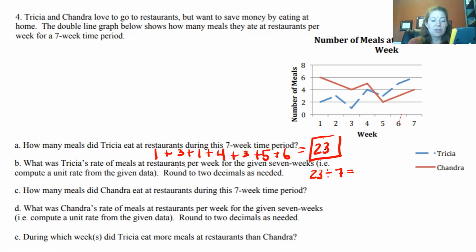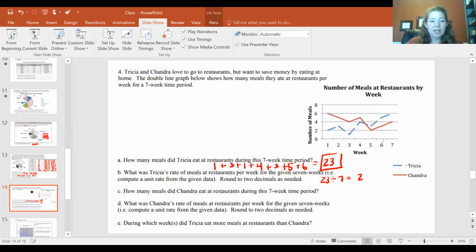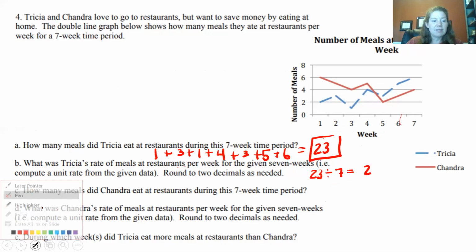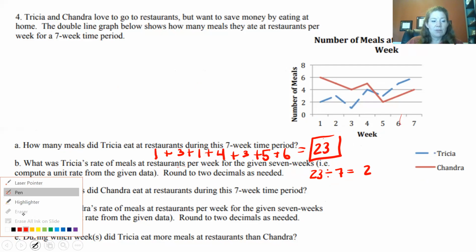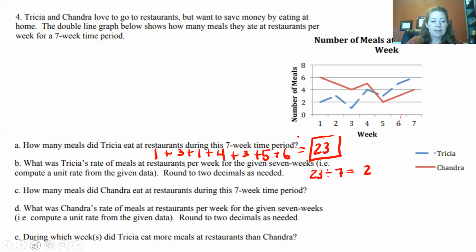So I'm going to use my calculator. 23 divided by 7 is 3.285. Sorry. Hold on. I got that backwards. Let me get rid of this. Oh my goodness.